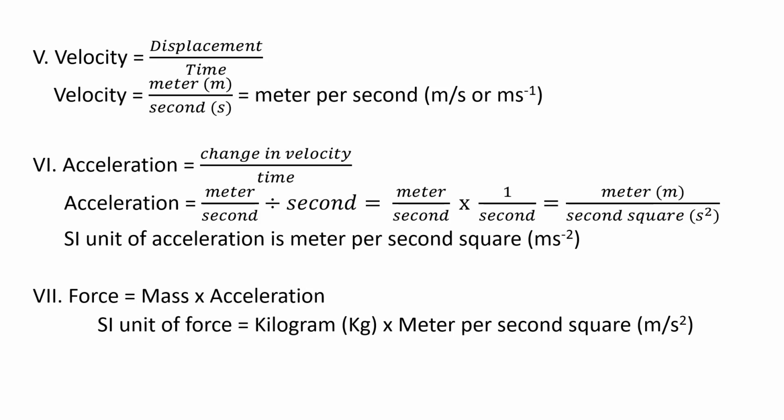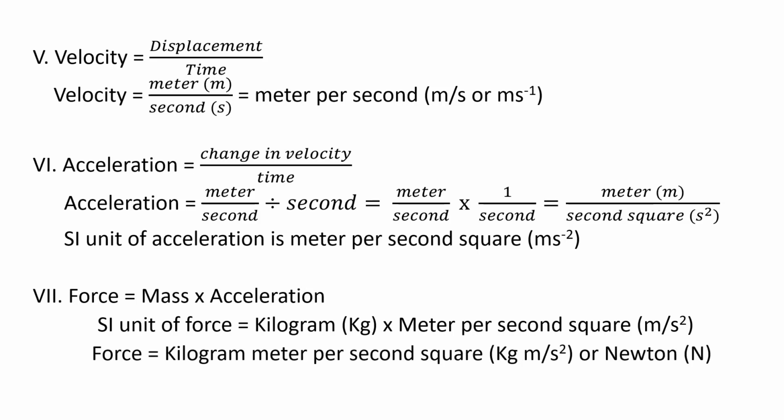So the SI unit of force is what? Kilogram meter per second square. The symbol will be kg m/s to the power 2. And this is equivalent to Newton. So kilogram meter per second square is equivalent to Newton. So Newton is equal to kilogram meter per second square.